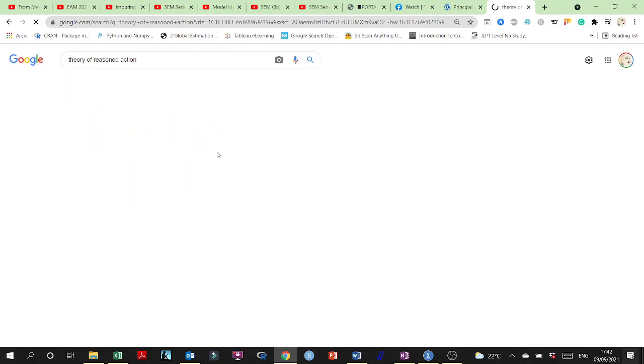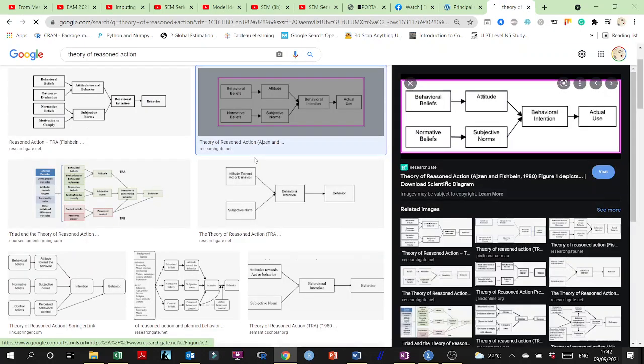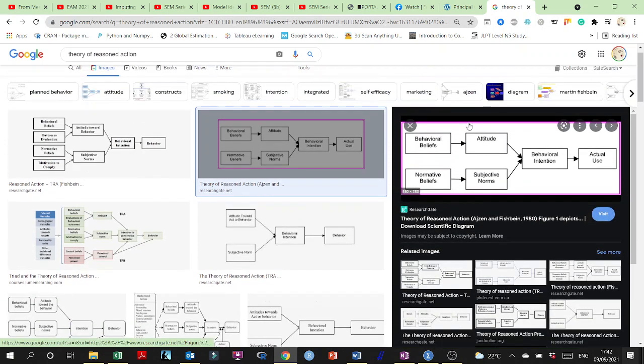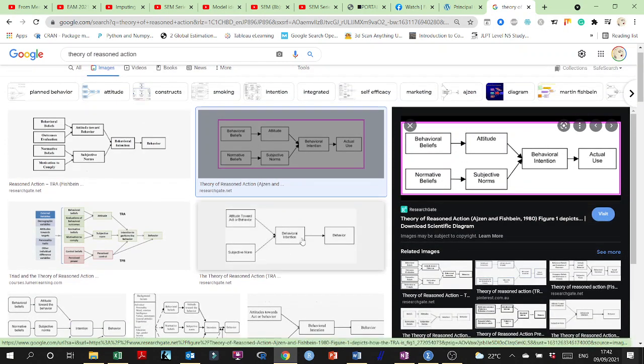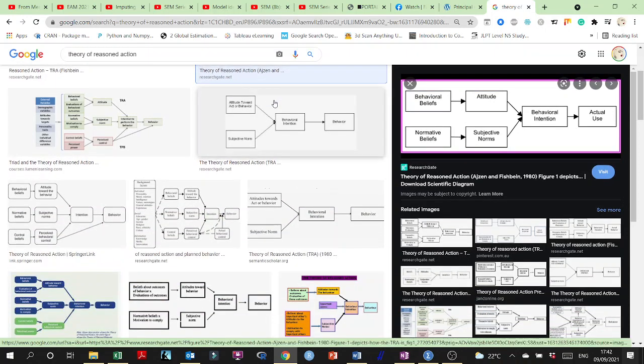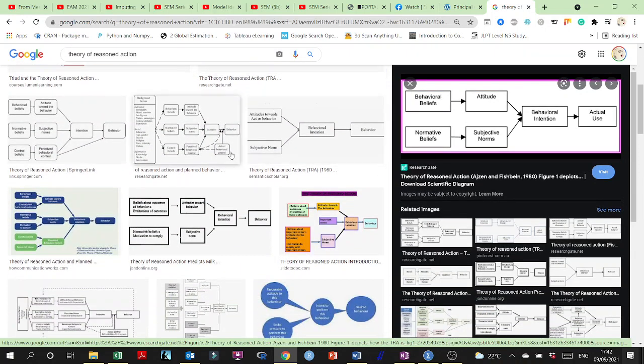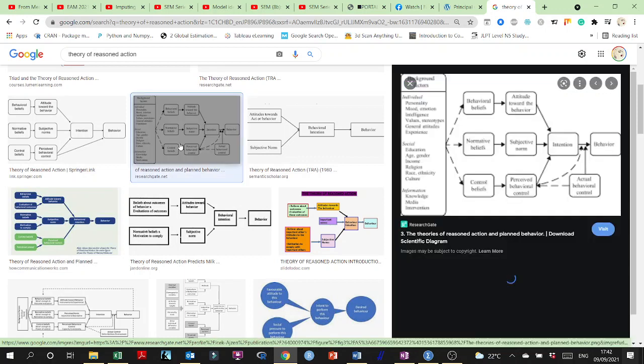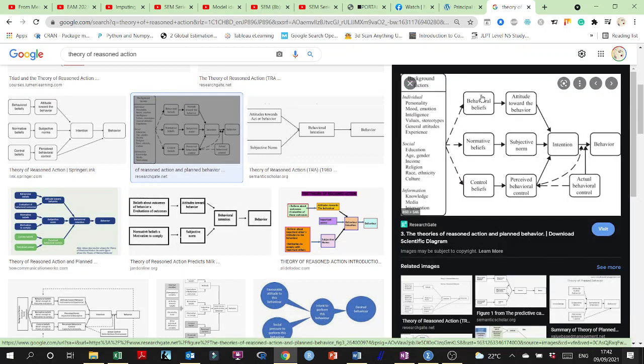Actually, the theory of reasoned action is not the latest. There is the theory of reasoned action, and there's another, stronger one, which is the theory of planned behavior.